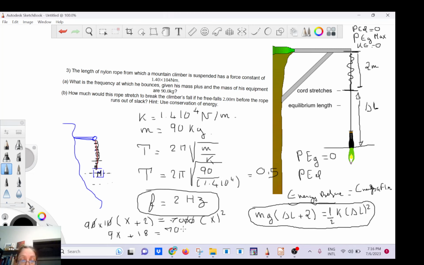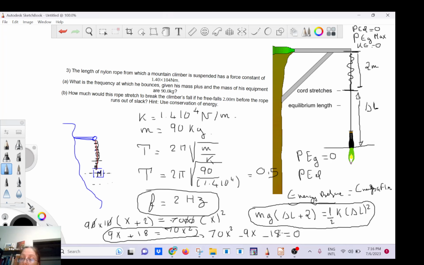So that's going to be 70x squared. You have to solve for x. So that's going to be 70x squared minus 9x minus 18 equals 0.